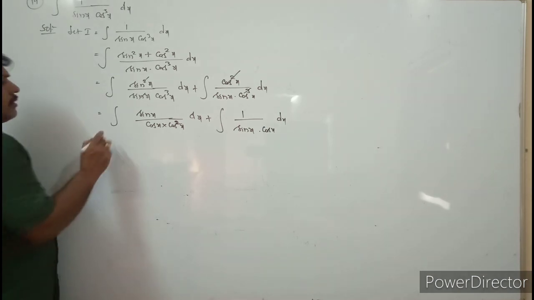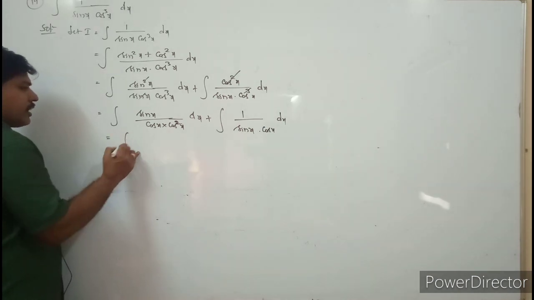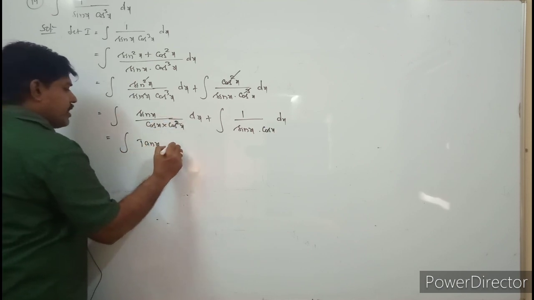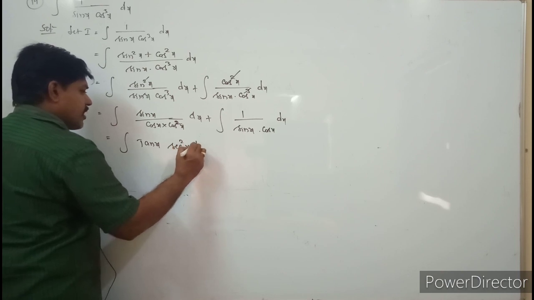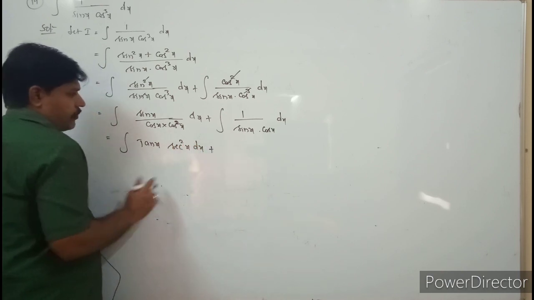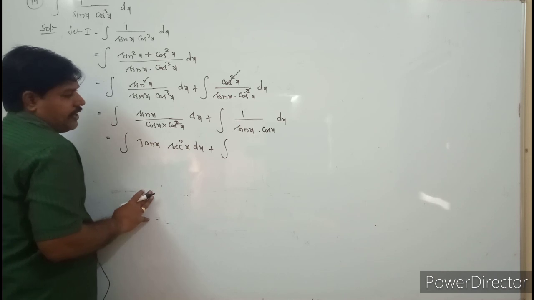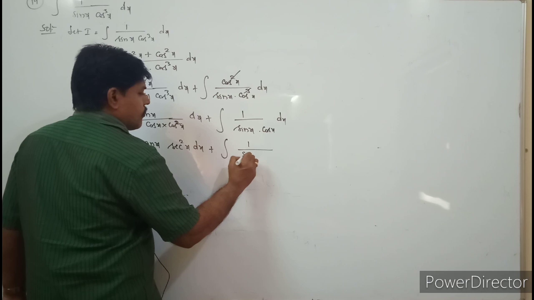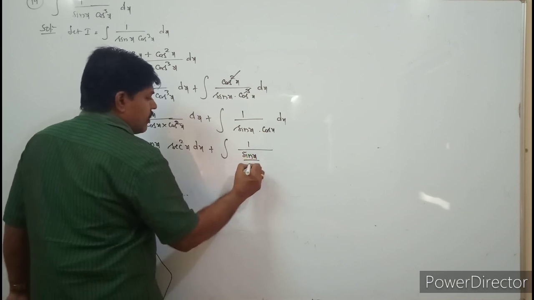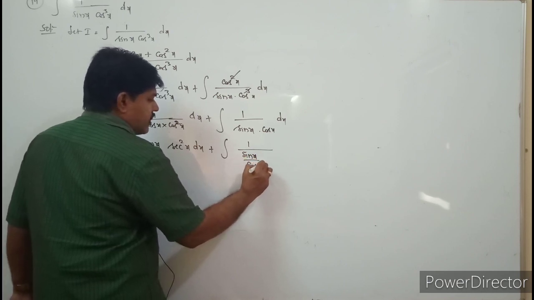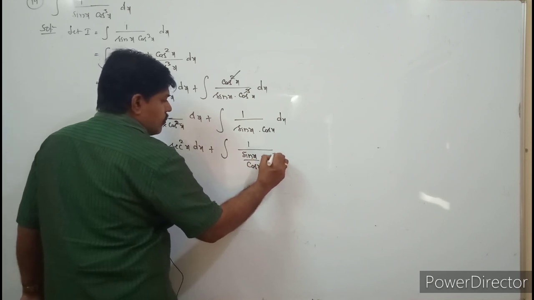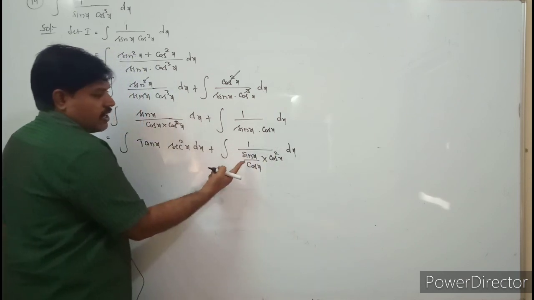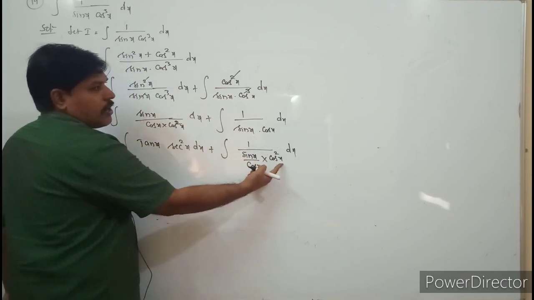So this problem is converted into integral of sin by cos is tan x, 1 by cos square is nothing but secant square x into dx, plus integral of, you can see this, I am converting like this: 1 by sin x into cos x. What I did is, I divided and multiplied with cos x.